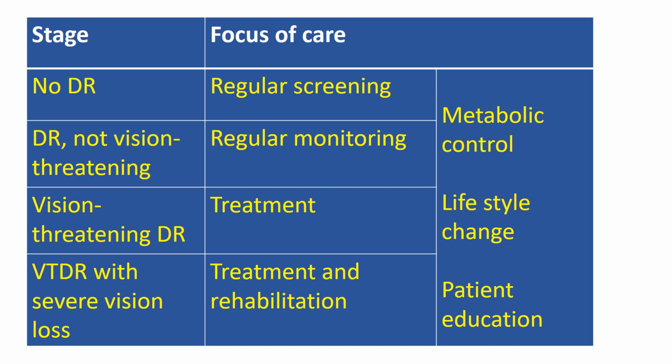Those who have DR that is not vision-threatening require regular monitoring so that we can identify the progress of the DR. Those with vision-threatening DR require immediate treatment to prevent vision loss. And those who already have severe vision loss require rehabilitation in addition to the treatment for vision-threatening diabetic retinopathy.